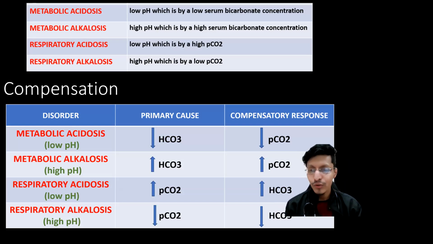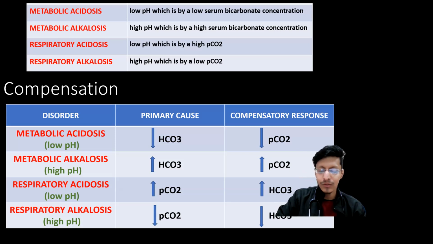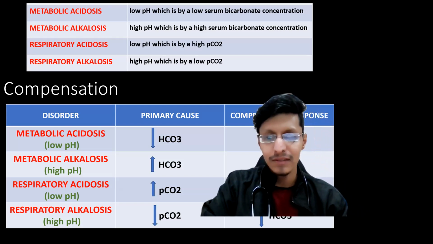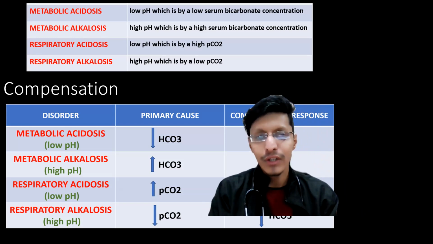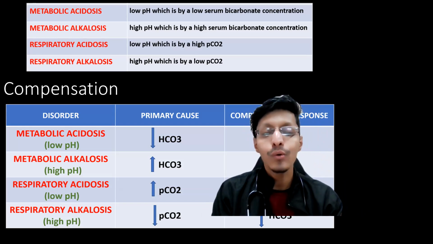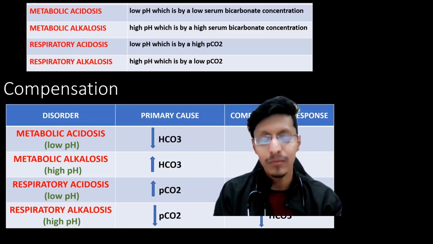So what is going to happen in metabolic acidosis? As the word suggests, we are talking about a metabolic acidosis. Let's understand it like this. Let's read it from the back.